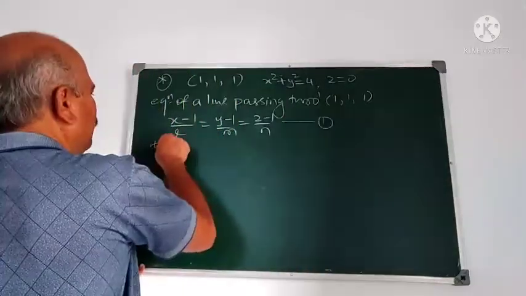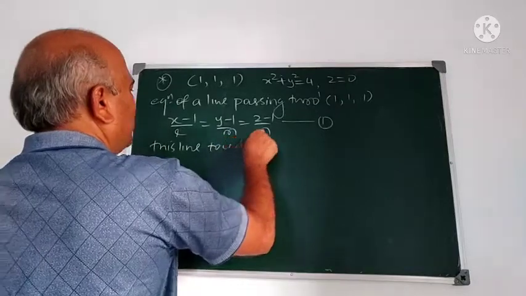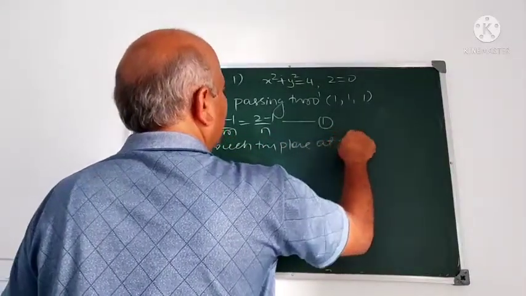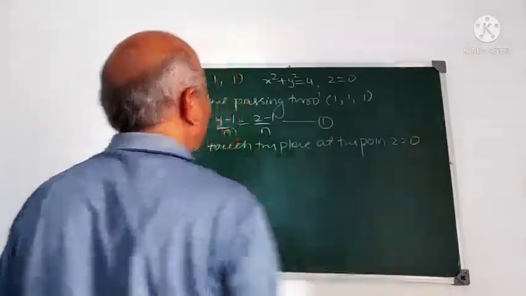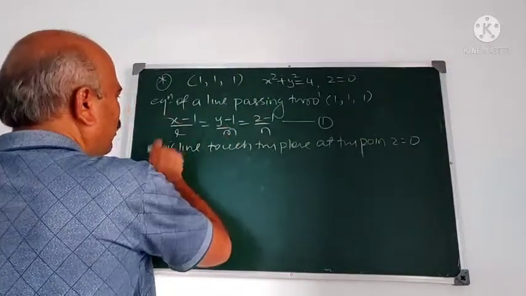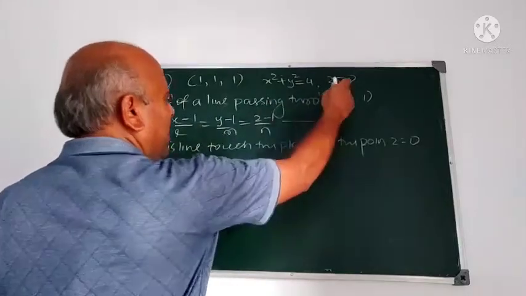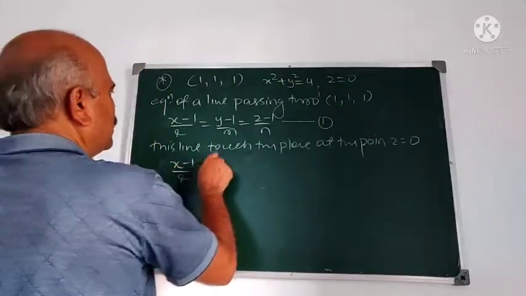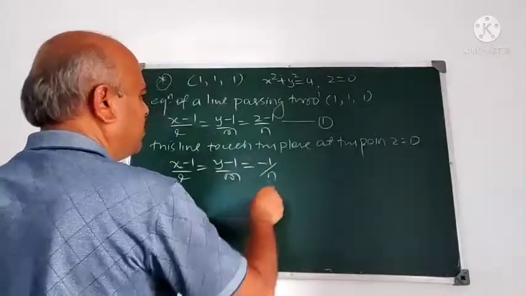Now this line touches the plane z is equal to 0. Therefore substitute z is equal to 0. You will get the point of intersection of the line and the plane z is 0. So (x minus 1) by l is (y minus 1) by m is minus 1 by n.